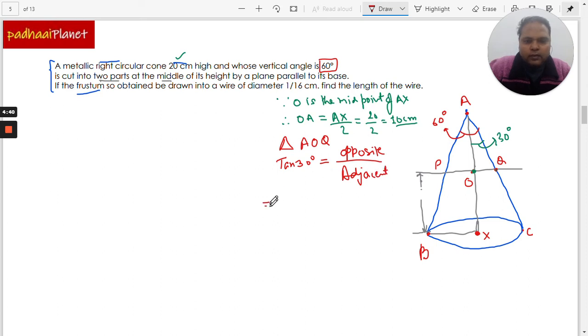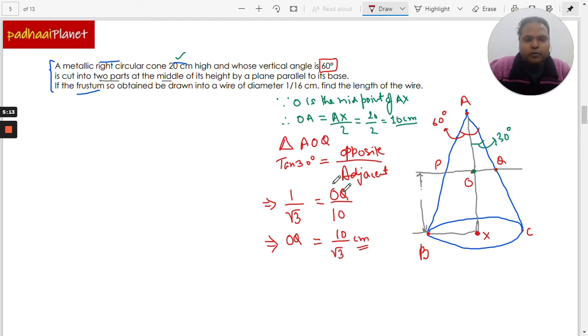Now tan 30 is 1 over root 3, and that's equal to opposite, which is OQ, over OA, which is 10. So we can say that OQ is equal to 10 upon root 3 centimeters. Now this is what it is.